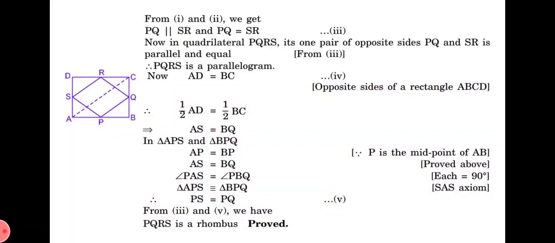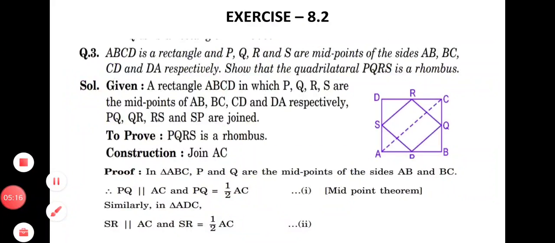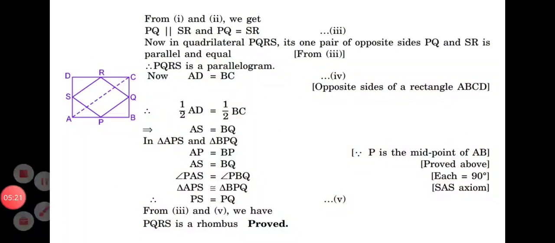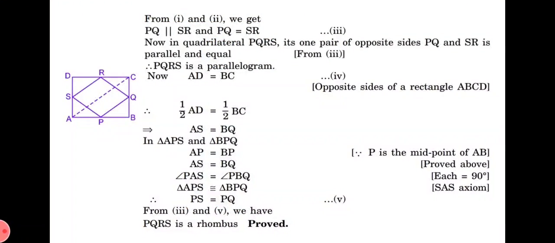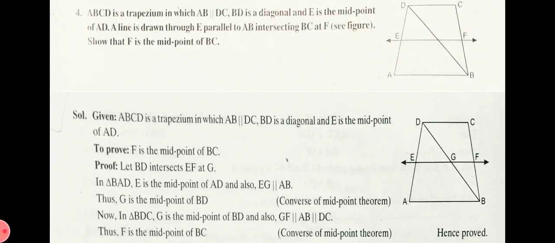Here you can see 3 is PQ is parallel to SR and PQ equal to SR. And here in CPCT we got PS equal to PQ. As all the sides are equal of the given quadrilateral, therefore PQRS is a rhombus. Hence proved.